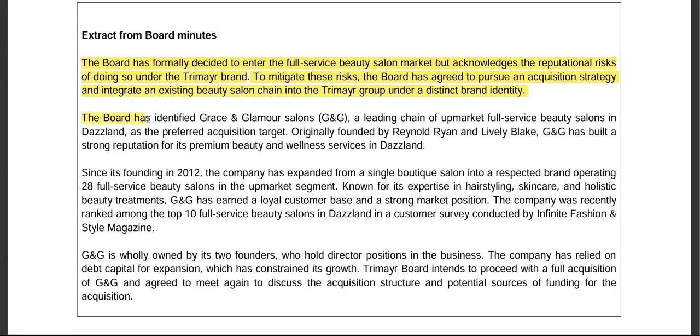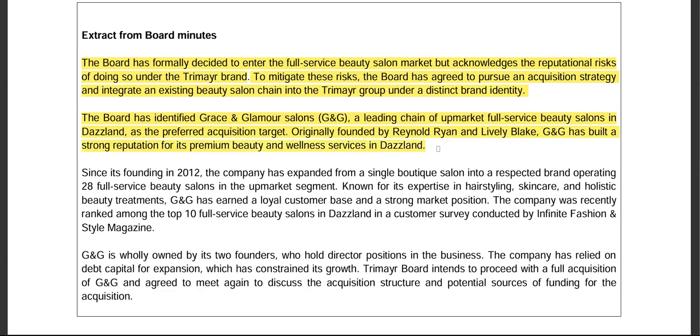The board has identified Grace and Glamour Salons, G&G, a leading chain of upmarket full-service beauty salons in Dazzleland, as the preferred acquisition target. Originally founded by Reynold Ryan and Lively Blake, G&G has built a strong reputation for its premium beauty and wellness services in Dazzleland.